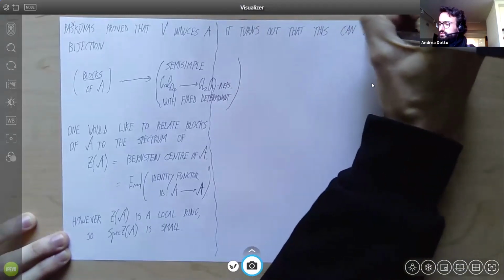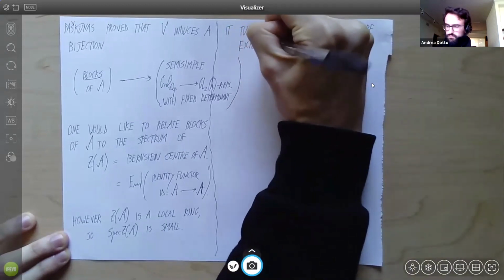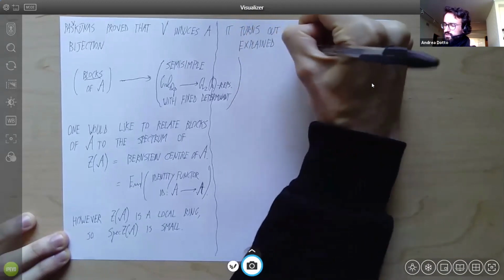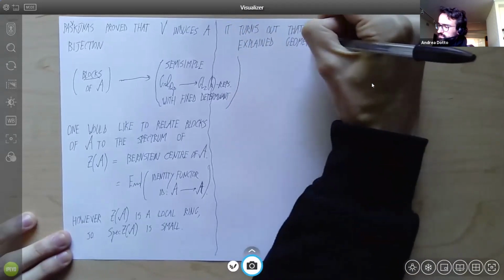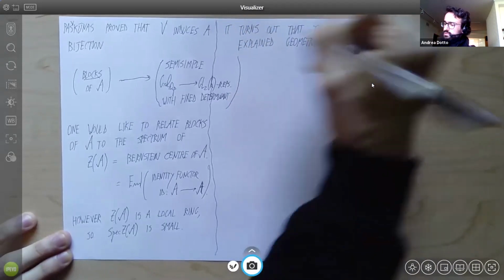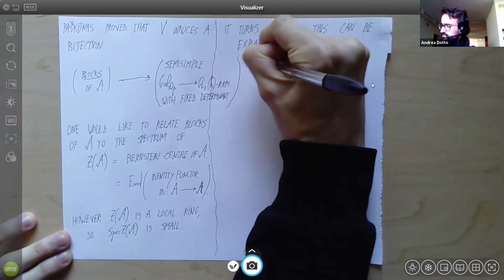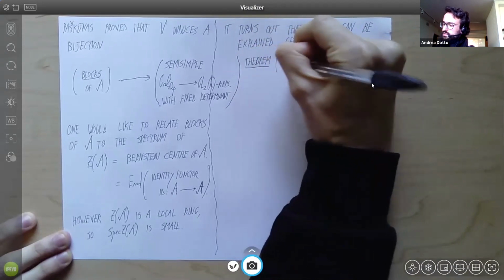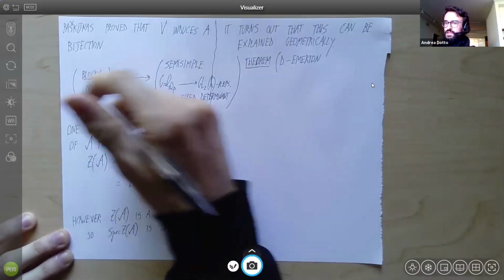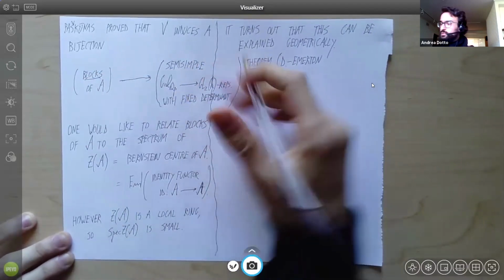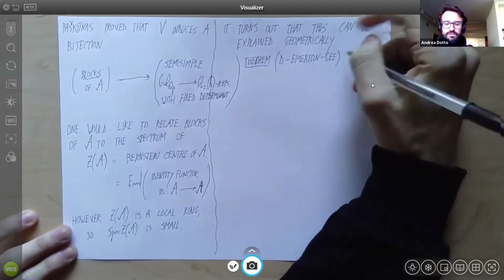And so let me state a theorem to this effect. And it is in this theorem that we will see the appearance of the object that I called X. So this is joint work with Matthew Emerton and Toby Gee. And it says that first of all, these blocks of the category A, apart from being in bijection with certain semi-simple Galois representations, they are also in bijection with the closed points of that chain of projective lines.